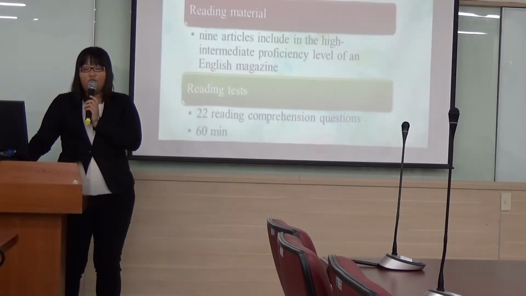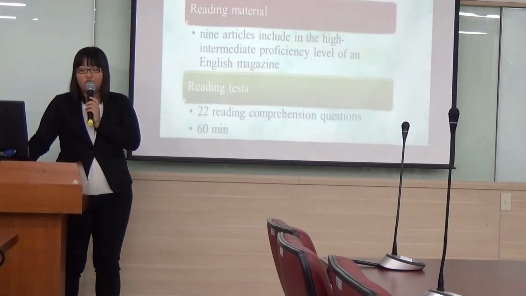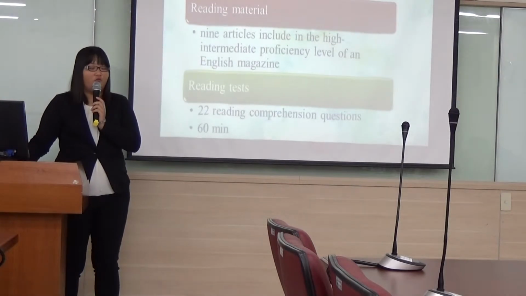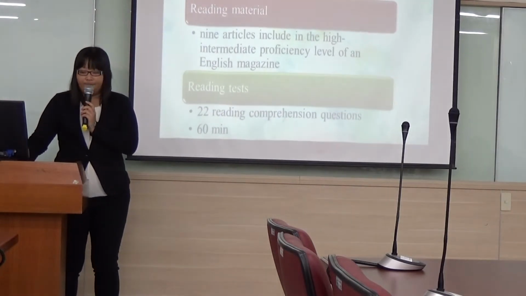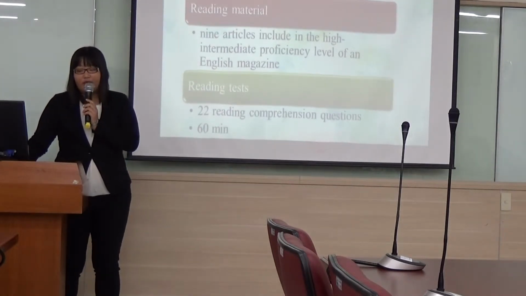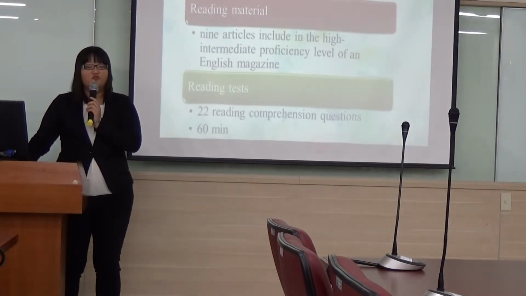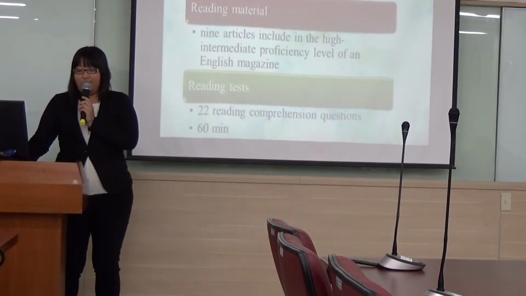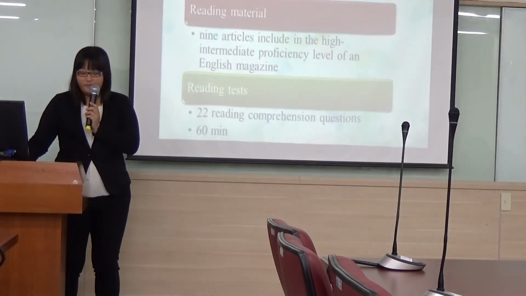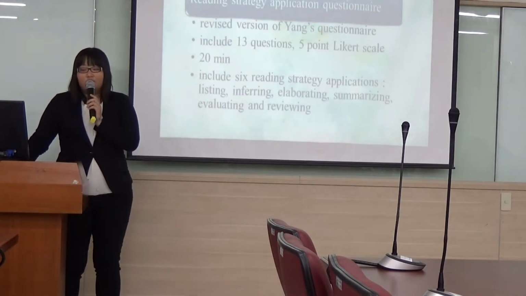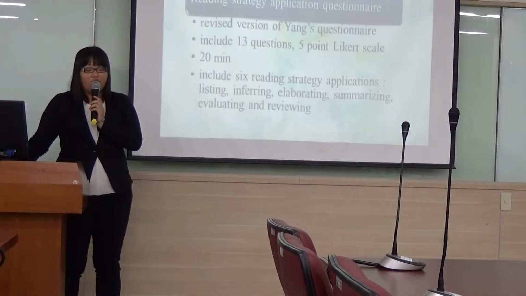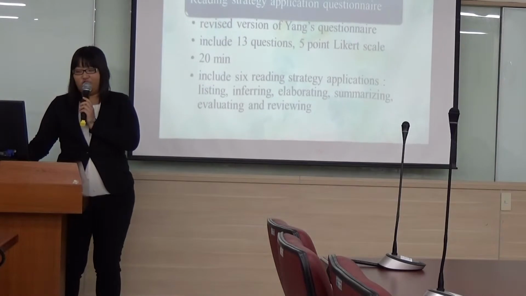Instrument. Reading material is 9 articles at the high intermediate proficiency level from an English magazine. Reading tests include 22 reading comprehension questions. The test time is 60 minutes. The reading strategy application questionnaire was a revised version of Young's questionnaire.